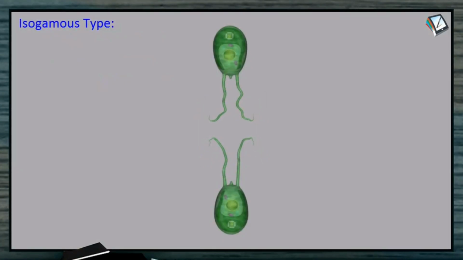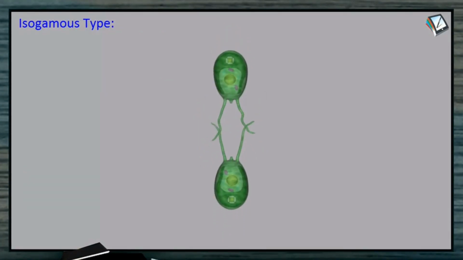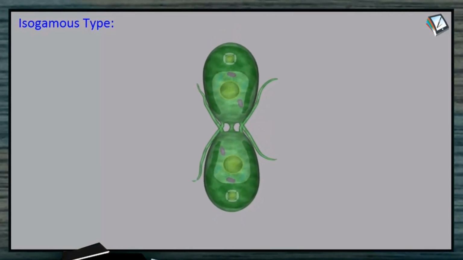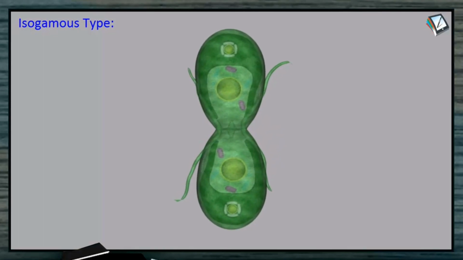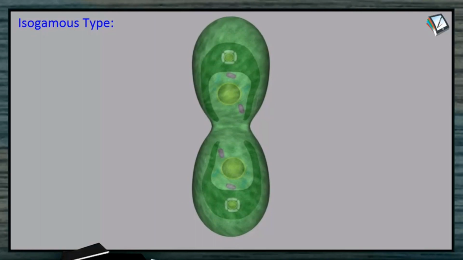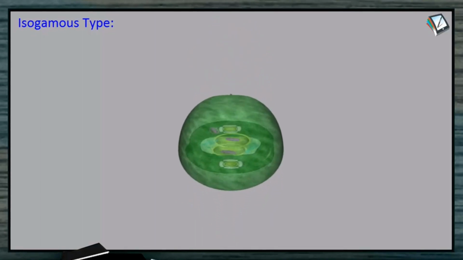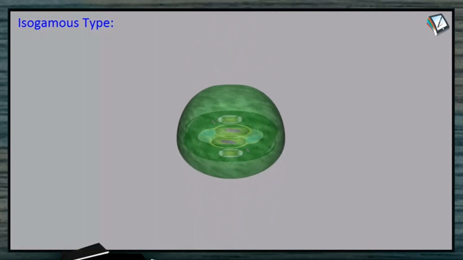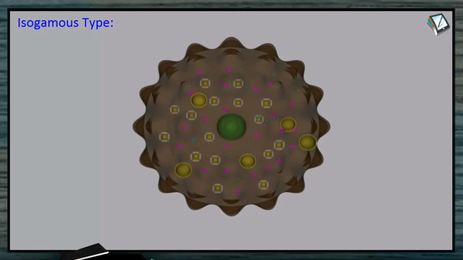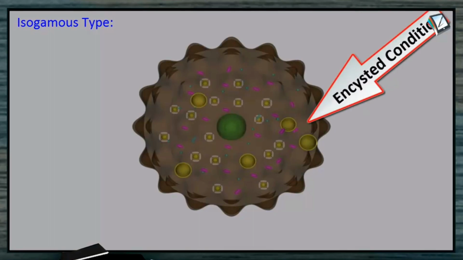In isogamous type, 2 gametes come together by their anterior ends, and gradually the flagella are withdrawn and the protoplasm from one gamete enters into another gamete. The resulting body is a zygote, which is diploid, and this diploid zygote produces a thick resistant wall around. So this condition is called encysted condition.